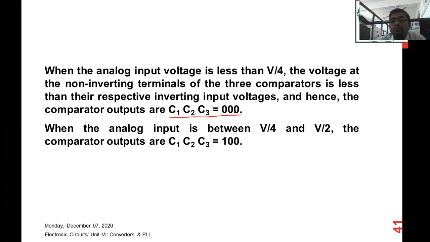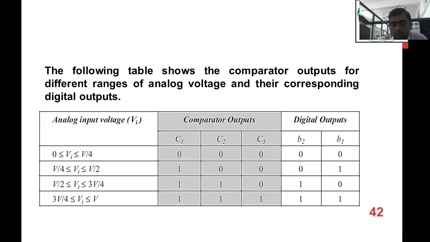But when the analog input voltage is increased and reaches between V upon 4 and V upon 2, the first comparator C1 turns on, with positive saturation output, and the rest of the two comparators are still at 0, 0. So the output would be 1, 0, 0. Similarly, when the voltage reaches between V upon 2 and 3V upon 4, C1 and C2 both are in positive saturation and C3 is in negative, so 1, 1, 0.